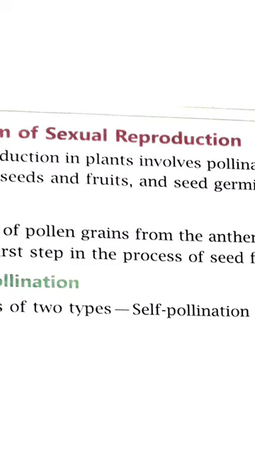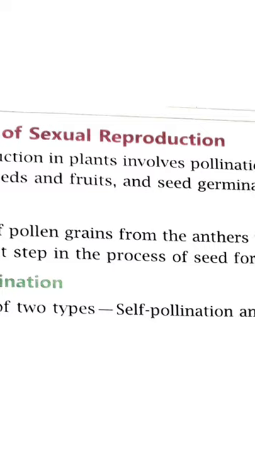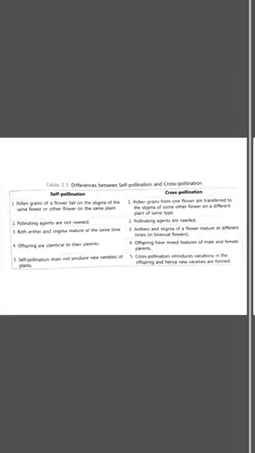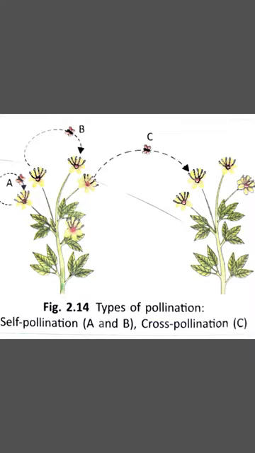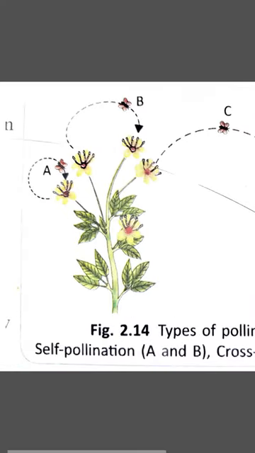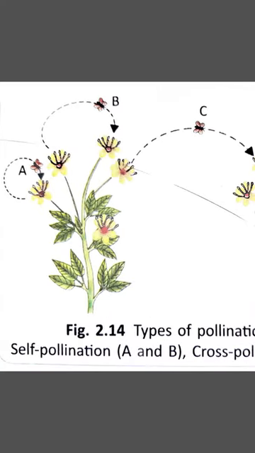Suppose, I am giving an example. Have a look at this figure. Suppose A is the first flower, and the pollen from the anther of the first flower is transferred to the stigma of the second flower of the same plant.